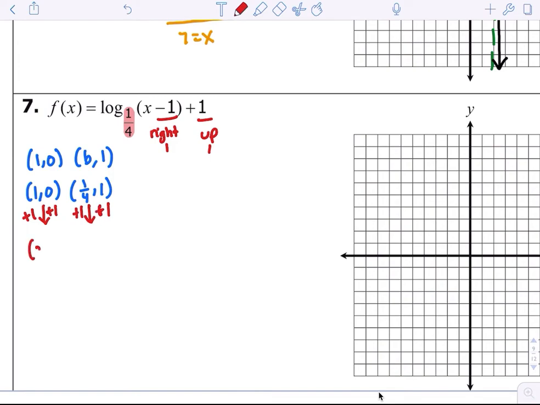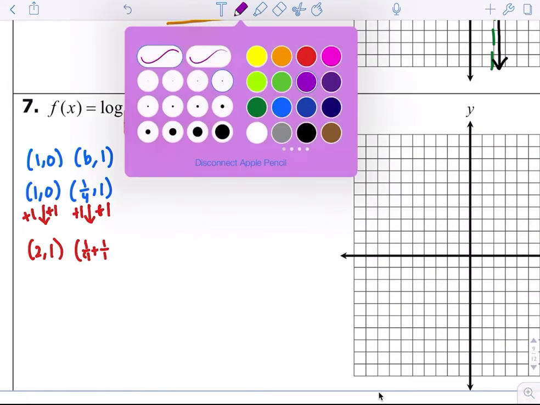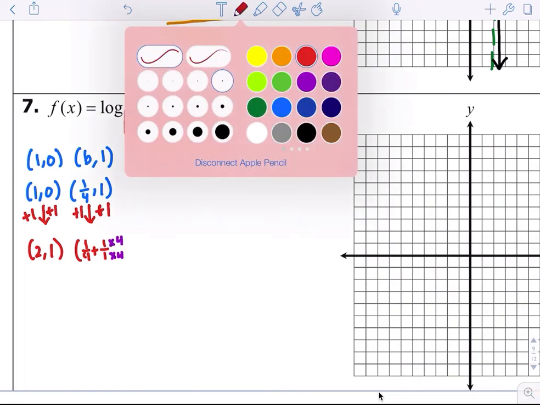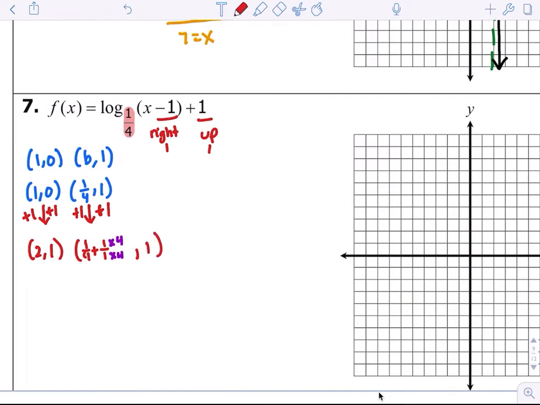So we're going to get (2, 1), and we're going to get, okay, so 1/4 plus 1/1. Now, common denominator 4, so you have to multiply top and bottom by 4. So that means you're going to get everything over 4. 1 times 4 is 4. 4 plus 1, 5. (5/4, 1).